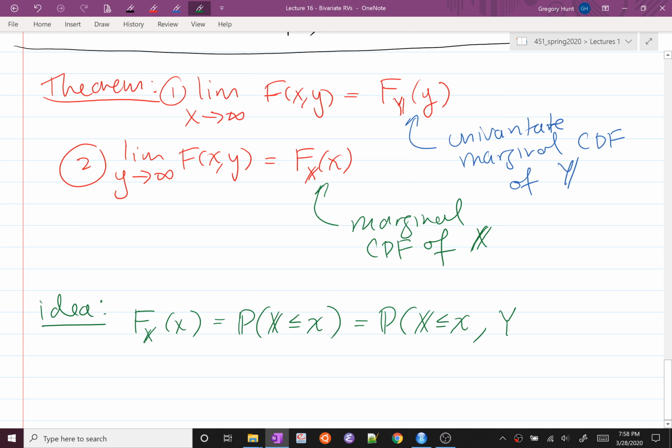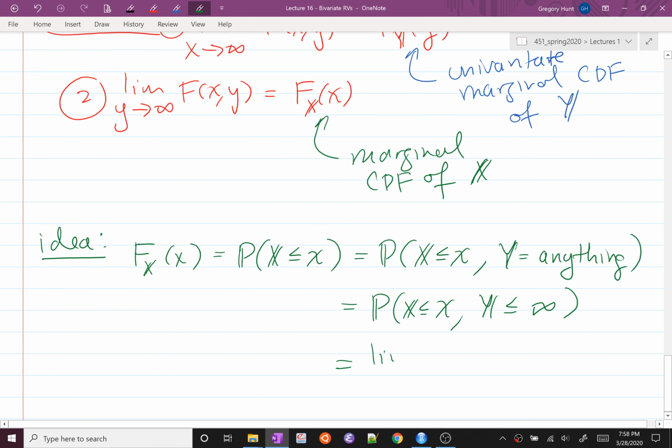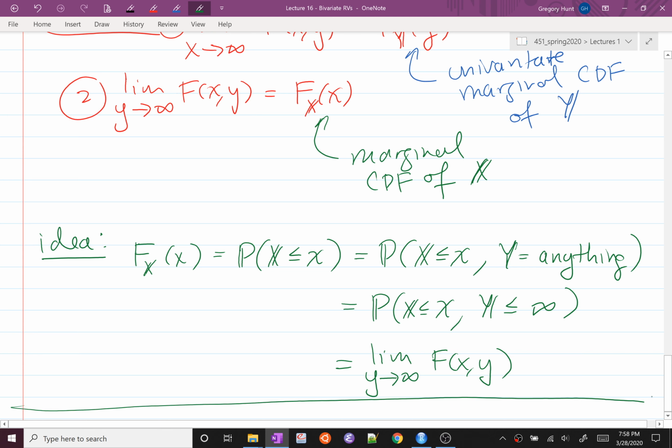We actually don't care what Y is. Another way to think about it is the probability that X is less than or equal to x, and Y is less than or equal to infinity, and that is exactly the limit as y goes to infinity of F(x, y). That's a little bit hand-wavy, but that's pretty much the idea of the proof.